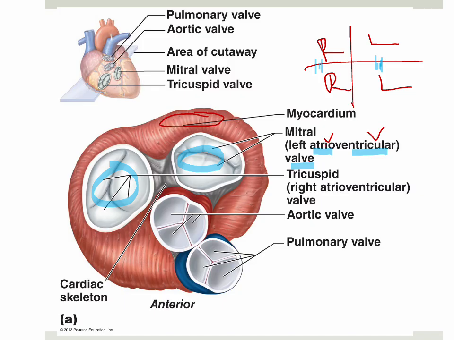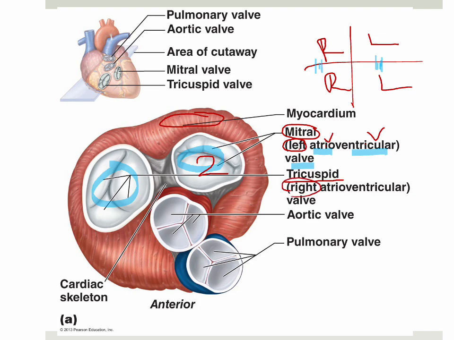Atrioventricular valve. And this one is the left one, aka mitral, because it resembles a mitre, something that the Pope has. The thing you have to remember from this one is, of course, where it's located, the name mitral, but also that it has 2 valves, okay?